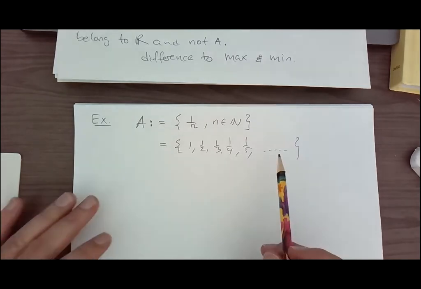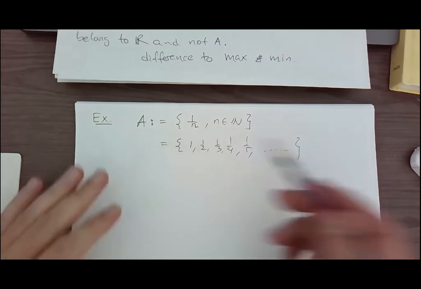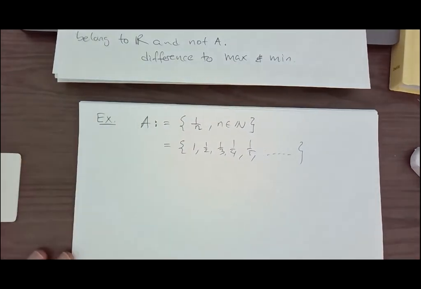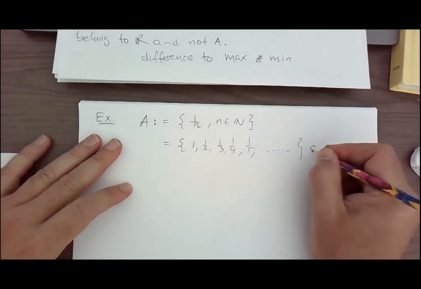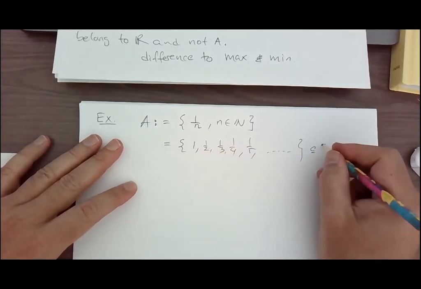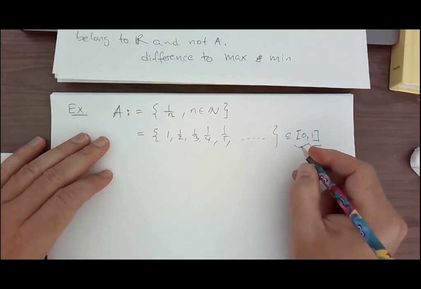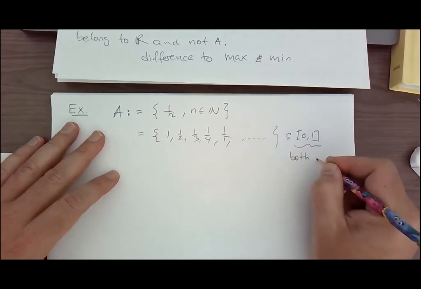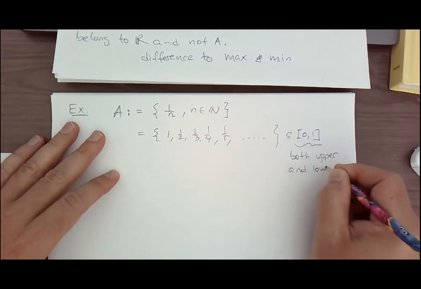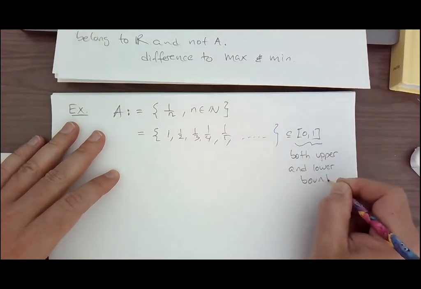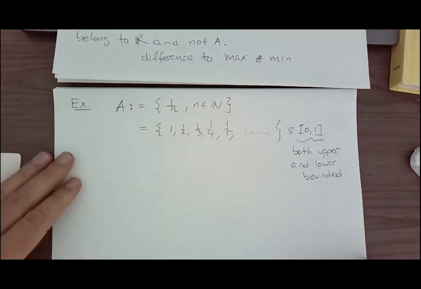This set is bounded. It sits inside the interval, say 0 to 1, so this is a bounded interval. This is both upper and lower bounded. So we have inf and sup. Let's try to work out what they are.